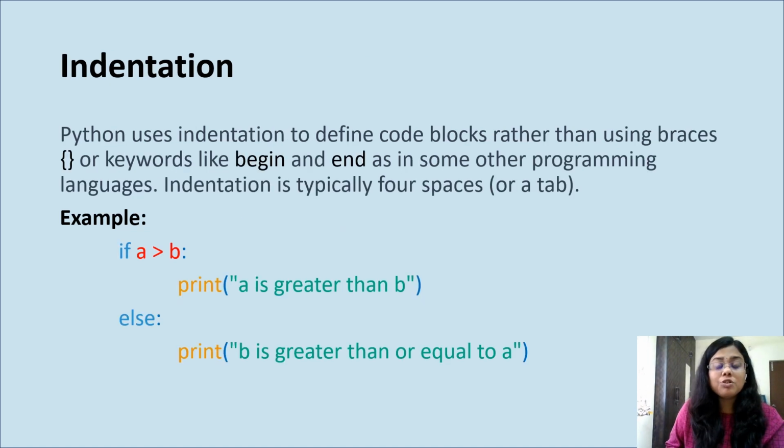One of the most unique and primary rules of Python is indentation. Indentation is used to define blocks of code. If you have previous knowledge of other programming languages, you might know that defining blocks of code is done in different ways. Some use braces, where any lines of code written between the braces are considered a block of code.